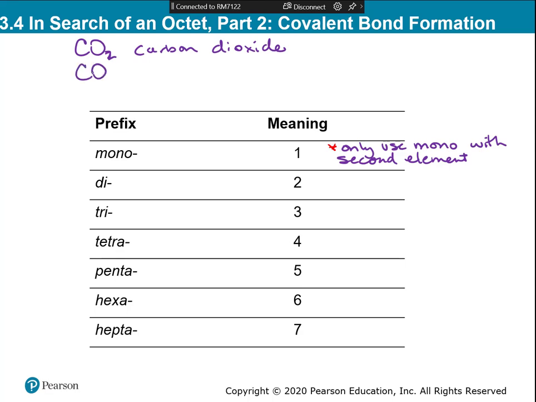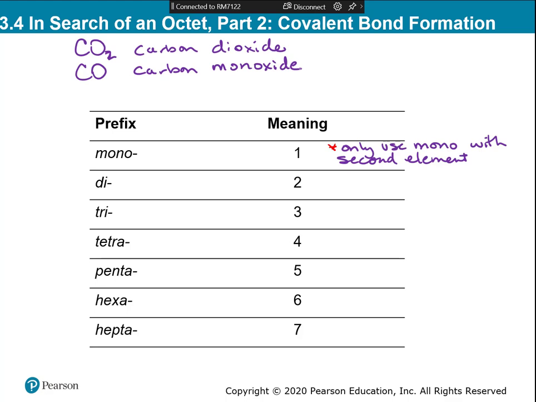So what would this be? Capital C, capital O is carbon monoxide. So I still just use carbon for the first element, even though there's only 1 of them. But I then need to put mono for the second element. And notice it's monoxide, not monooxide. If you have 2 vowels, they typically drop the vowel off of the number prefix.